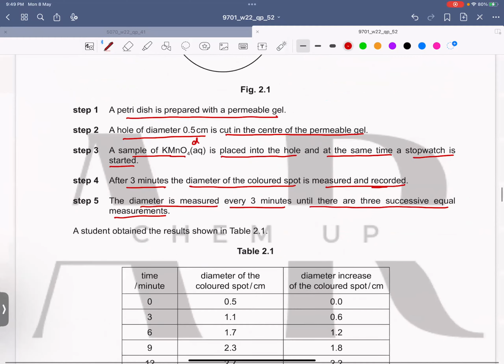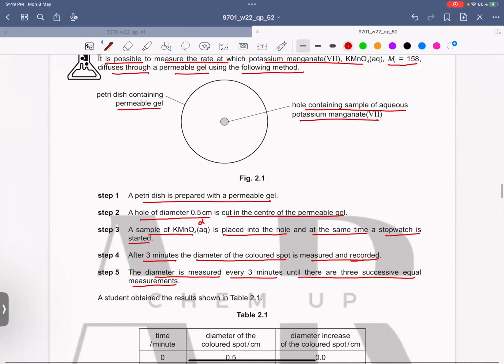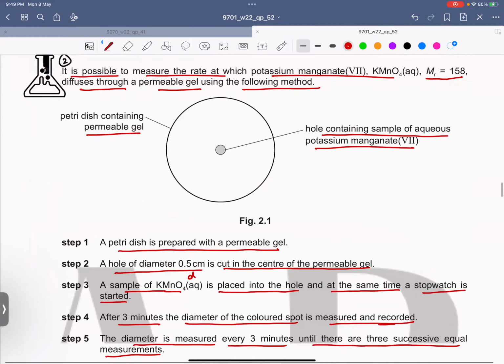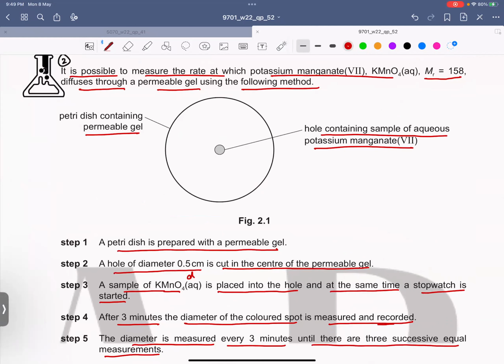The student obtained the results shown in table 2.1. Okay, first tell me if everybody understood the method, what is done over here. Yes. This means the KMnO4 will grow, right? Yeah, it would be spread on the gel. For example, if initially it is spread in this area, after the first 3 minutes it would be spread to this area.